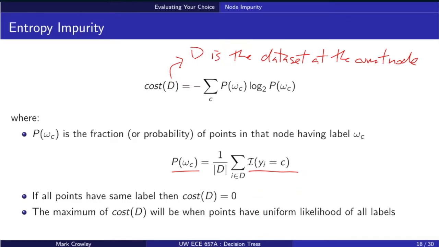A better one, there are 3 different forms here. They're all very similar, but they penalize being wrong in different ways. The entropy impurity is a bit smoother, but very broad.